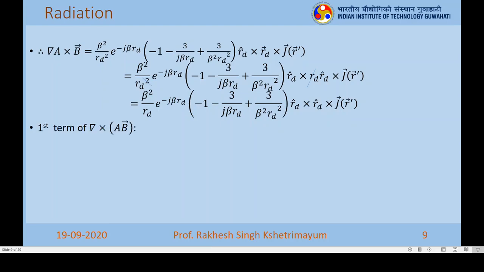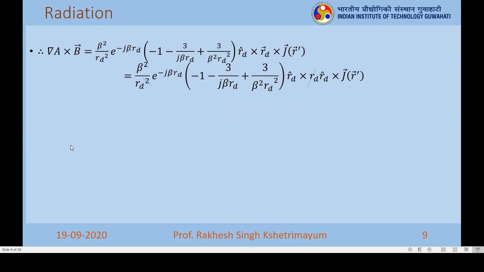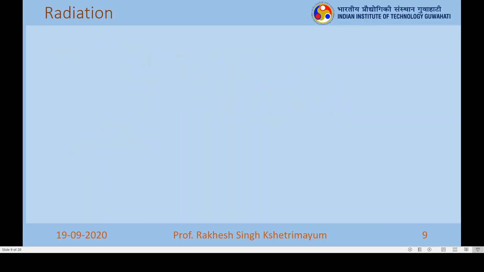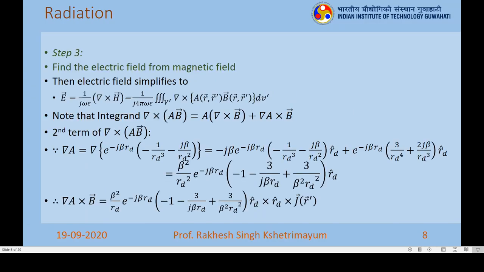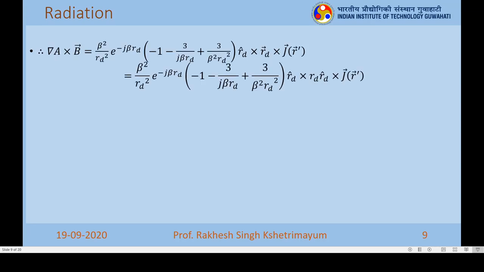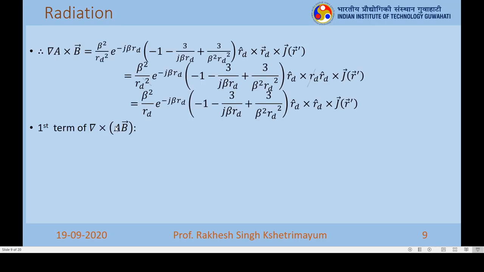Let us find the first term of the integrand of the electric field expression. That is curl of B. In the first expression, we have curl of B into A. So if I want to find curl of B, what was B?